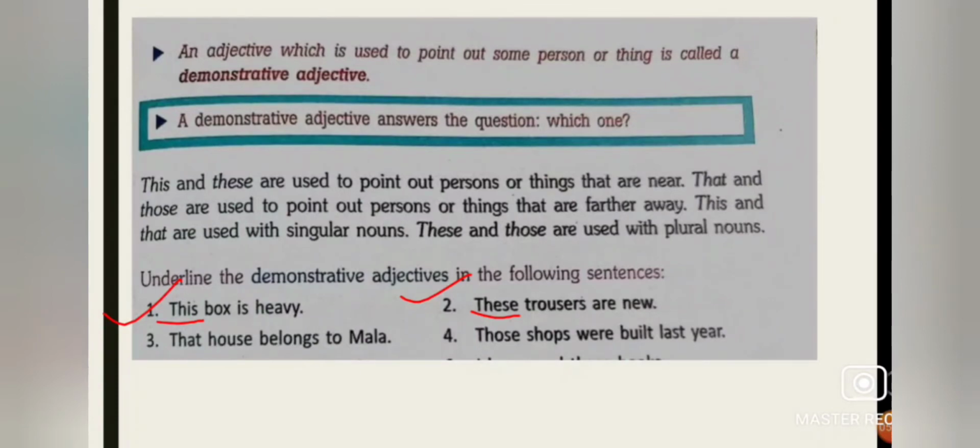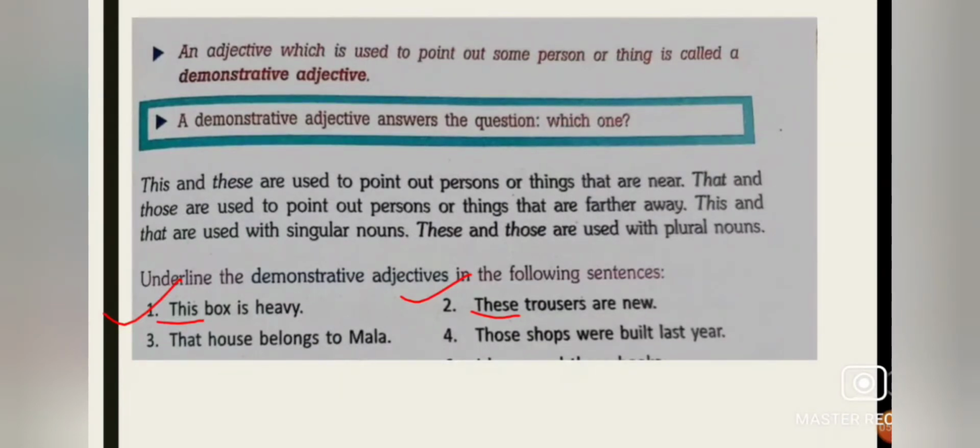Okay. So now we'll come to some exercises. We'll identify the demonstrative adjective in a sentence. I have solved 2 and the remaining 2 you all have to solve and send me in the comment box. So number 1 is this box is heavy.